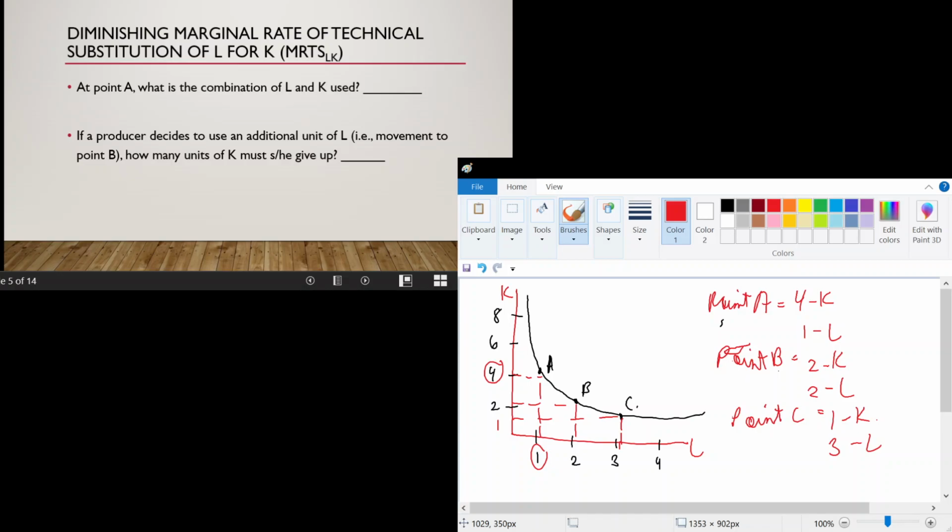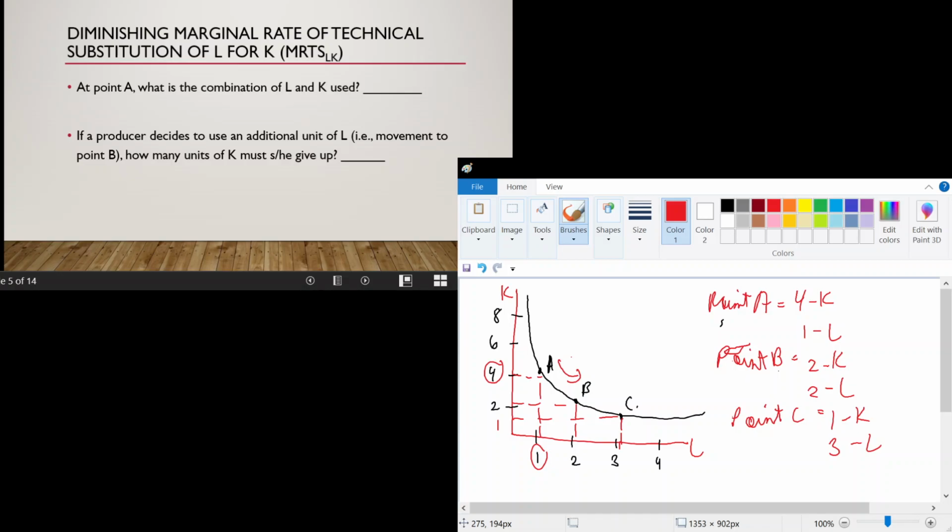Okay, so the next question is, if a producer decides to use an additional unit of L, in effect movement to point B, so from point A, may move siya to point B, how many units of K must he or she give up?